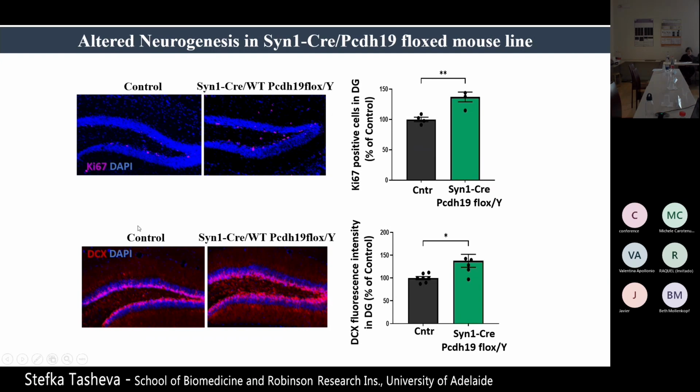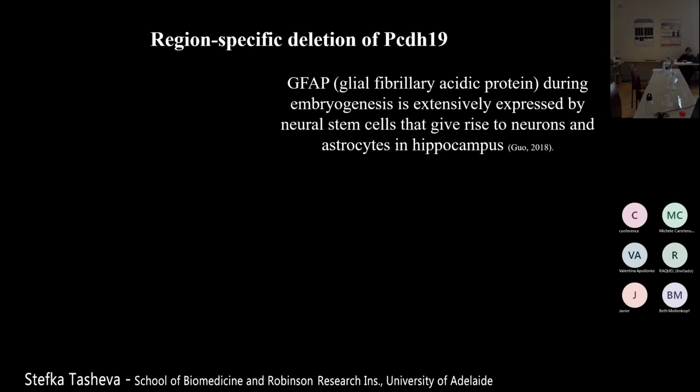We tested 2 different markers, Ki67 and doublecortin, and in both cases we see an increase in the neurogenesis in these knockout mice. Currently, we're investigating how that could impact the mouse behavior, and we are also planning to perform some electroencephalograms to see whether there are changes in the brain activity. That we'll be performing in collaboration with Steve Petrou in Melbourne, not in our laboratory, but that's still work in progress. Hopefully next time we're going to show you more data related to that.